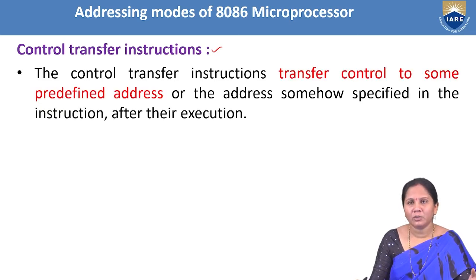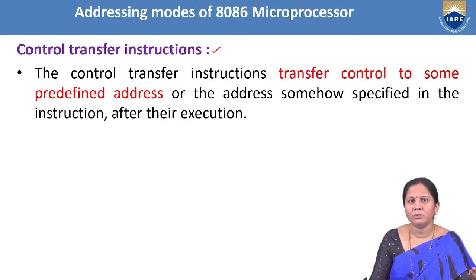After transferring control to some predefined address, or the address you have specified in the instruction, like if you use call some address or jump to some address, the control will move to that specified address in the program when such instructions are executed.